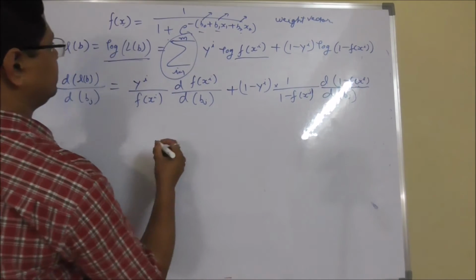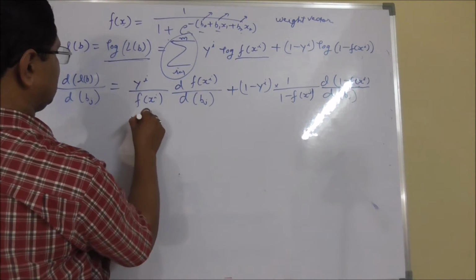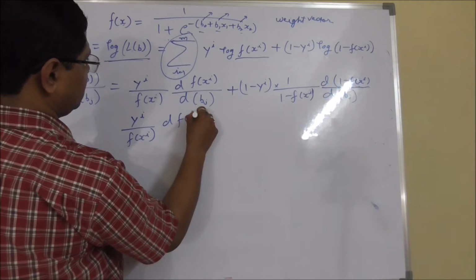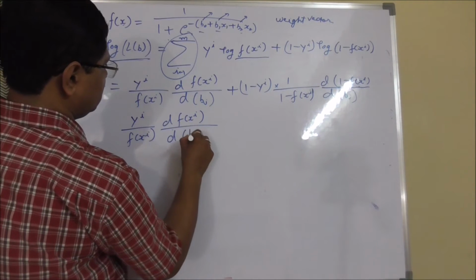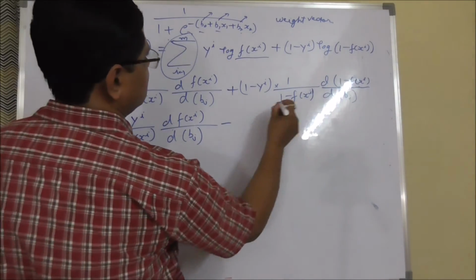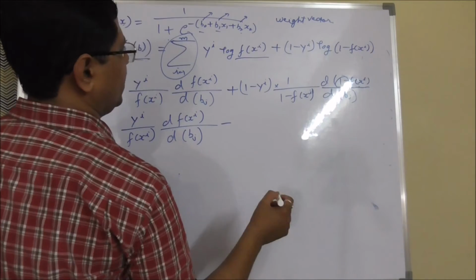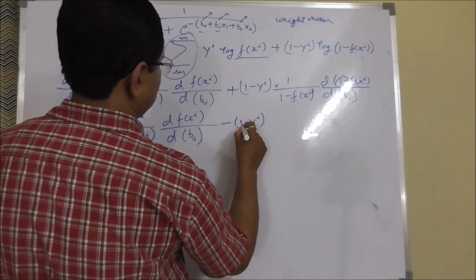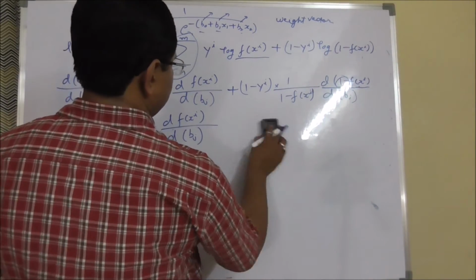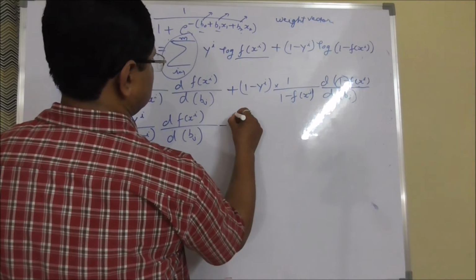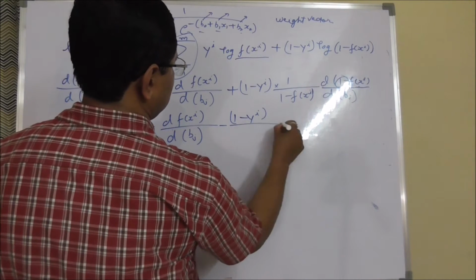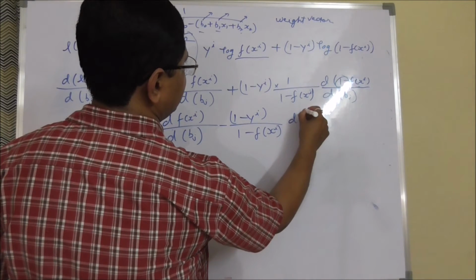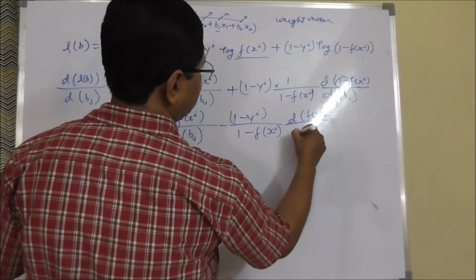Now we can simplify it like that: y(i) into f(x(i)) into the derivative of f(x(i)) with respect to bj, minus, because this portion will have no effect and this minus will come here, 1 minus y(i) over 1 minus f(x(i)) into the derivative of f(x(i)) with respect to bj.